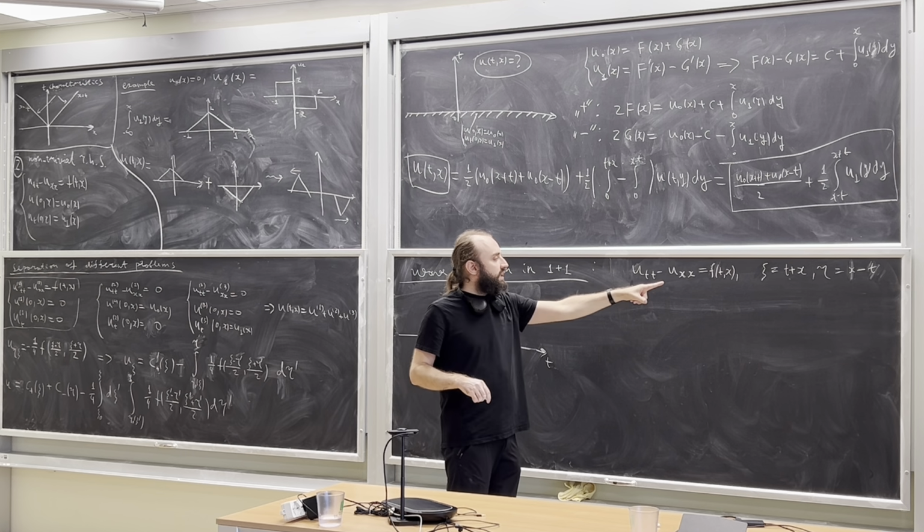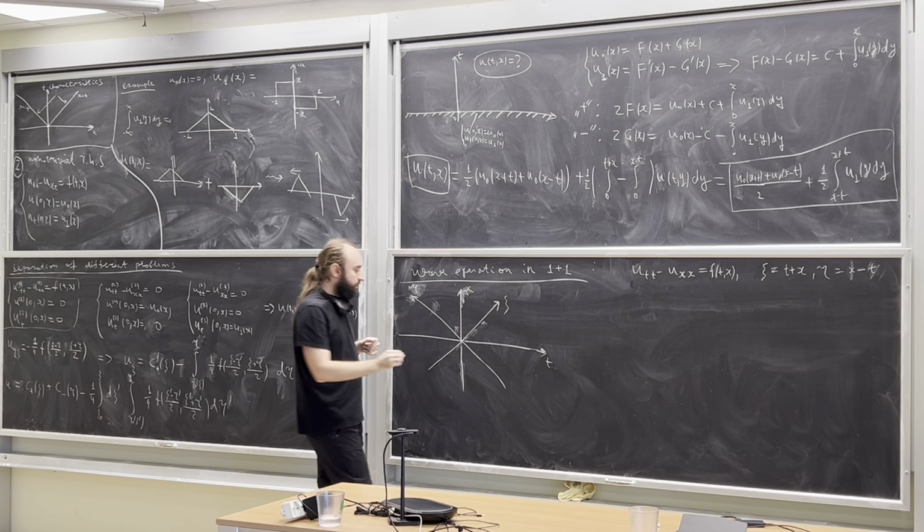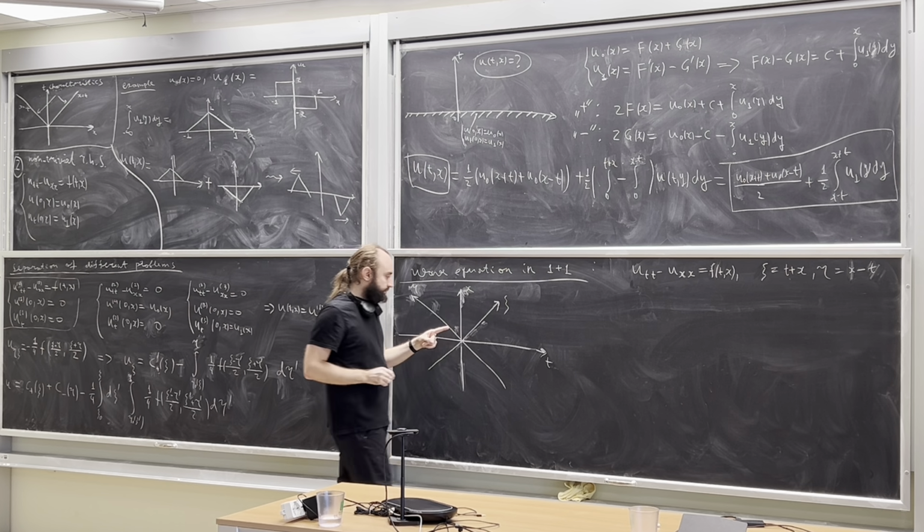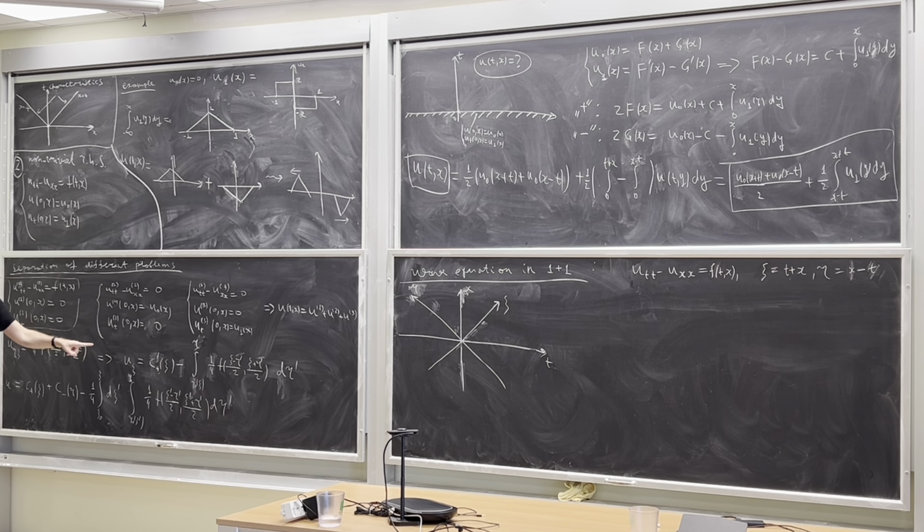So, if you want to integrate some function, we see that the upper domains of integration in this integral are given by psi and eta, and the domains of integration are xi prime and eta prime.